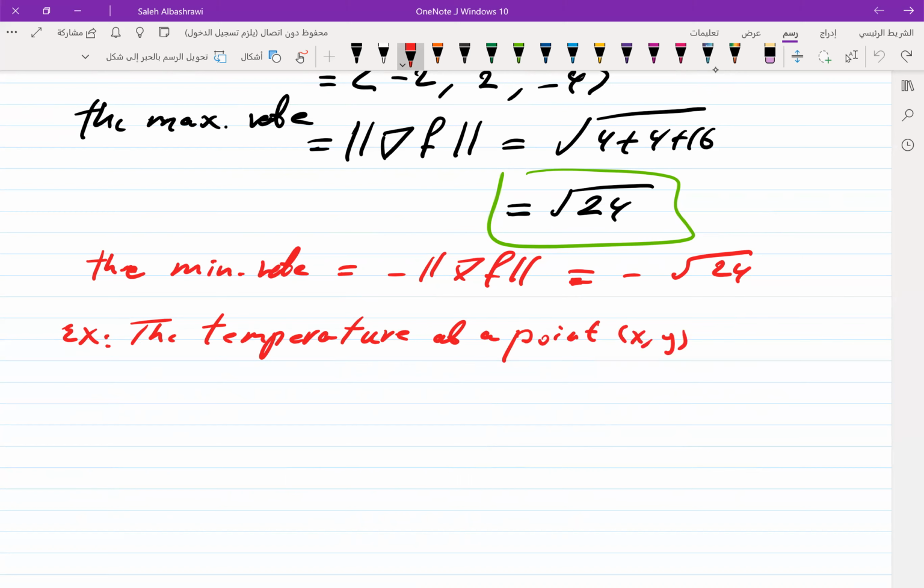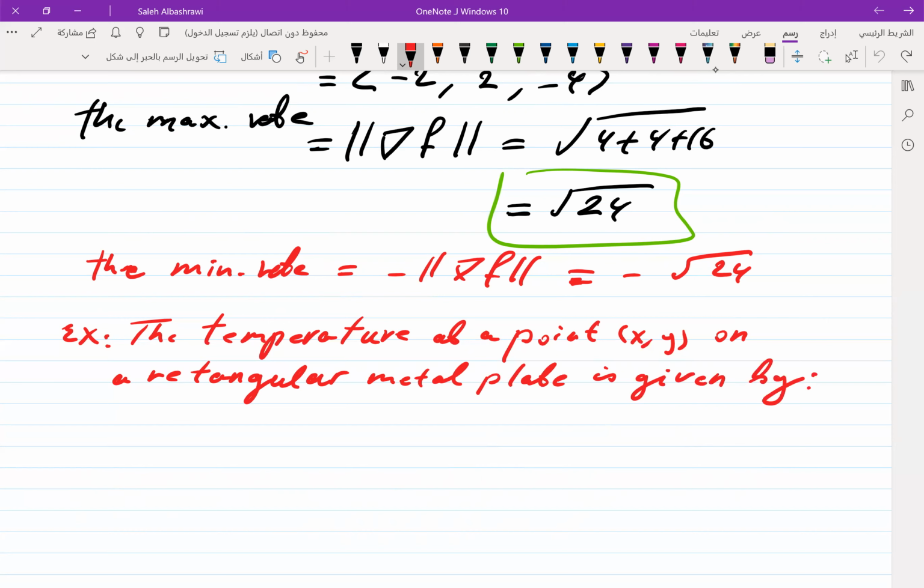Temperature at a point (x, y) on a rectangular metal plate is given by T(x, y) equal to 5 plus 2x squared plus y squared.